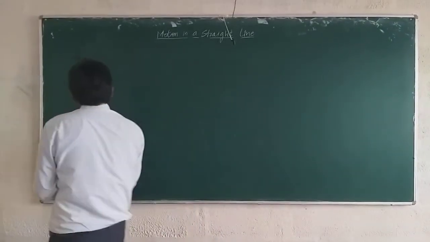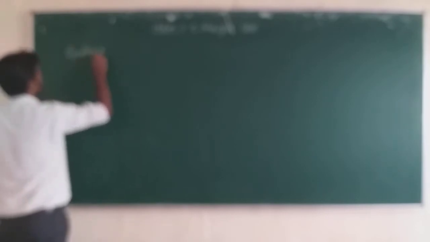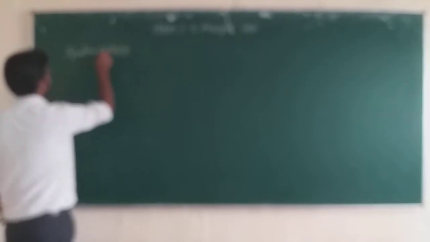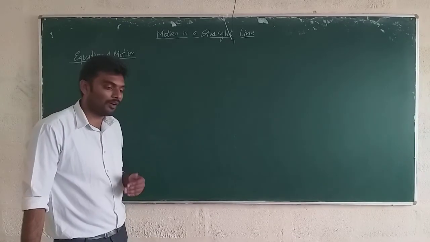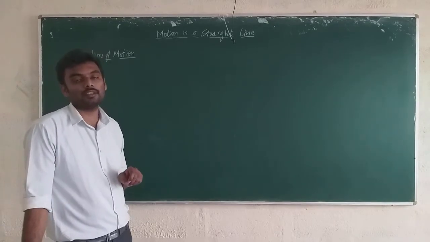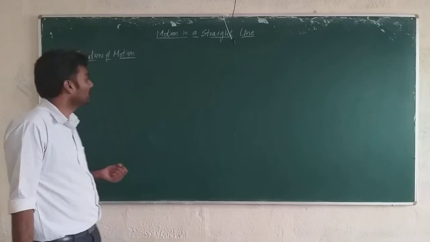So, 3 equations of motion. First equation of motion. These are the equations for a body with uniform acceleration. Okay, it can be acceleration or retardation, but it should not change. Okay, the acceleration must be uniform. Okay, be clear with that.